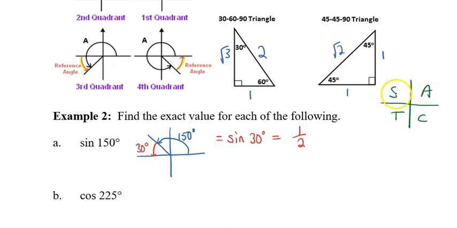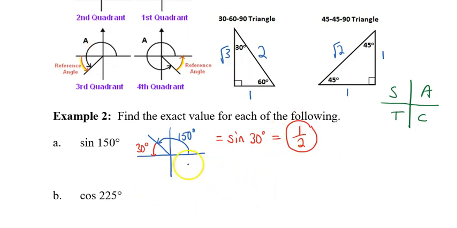In the second quadrant, sine is positive, and because sine is positive, its partner cosecant is positive. In the third quadrant, tangent and its partner cotangent are positive, and in the fourth quadrant, cosine and its partner secant are positive. So when I look at this, we're in the second quadrant and we did a sine. That answer should be positive because sine is positive in the second quadrant. So 1/2 should be positive, and that is my answer.